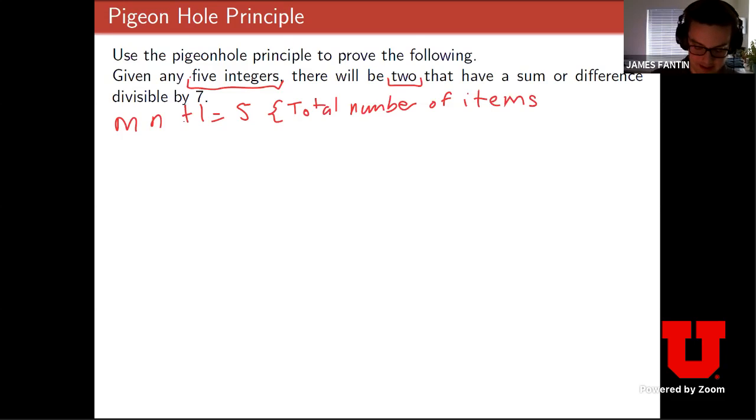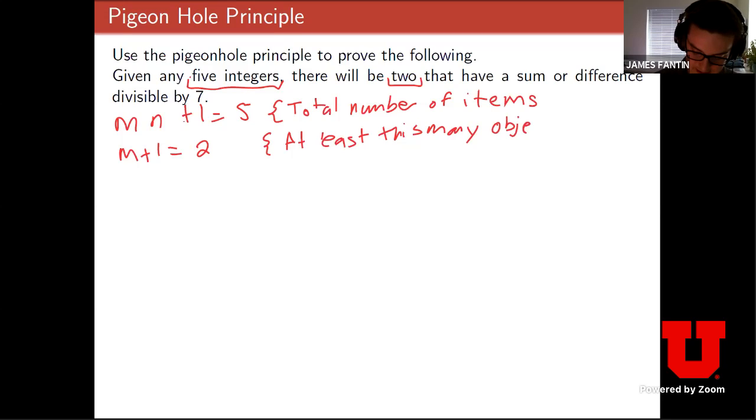Yes, perfect. Somebody said n plus 1 equals 2. So n plus 1 is equal to 2, where 2 represents the value that we have at least this many objects in a box.